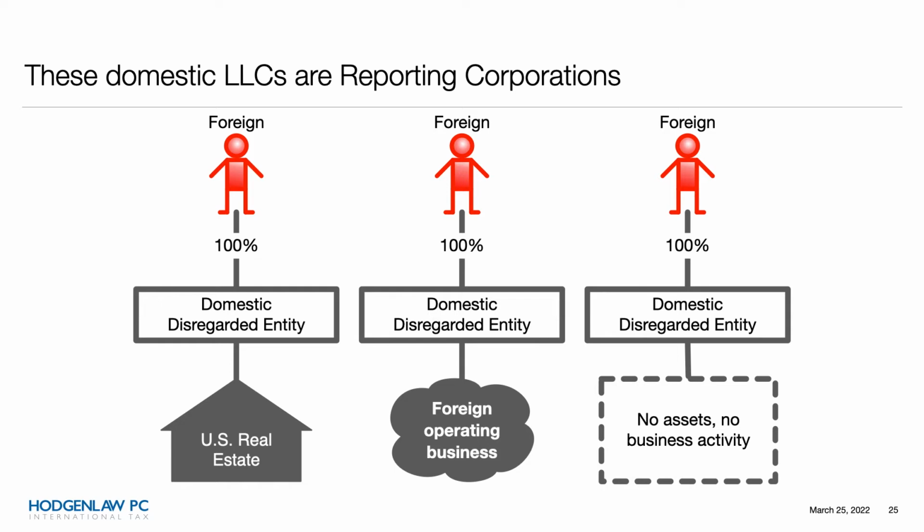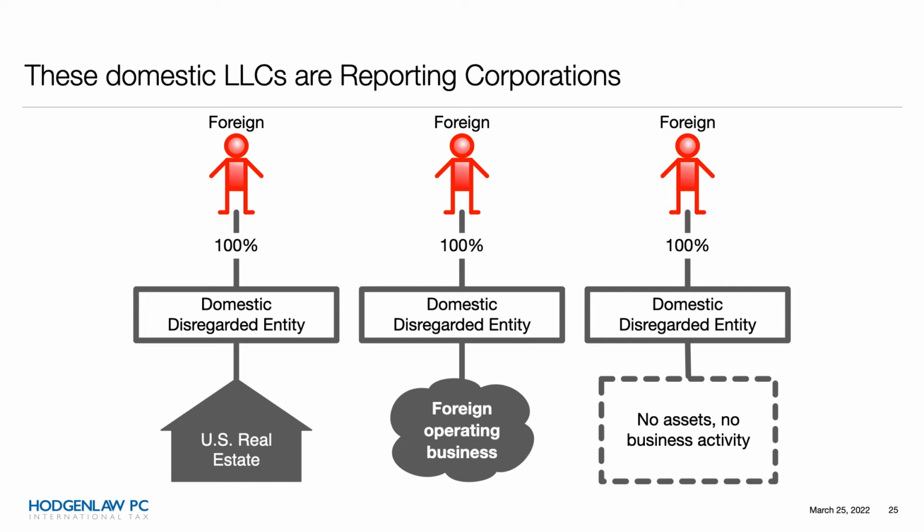For whatever reason, anytime you have an LLC and you have a foreign sole member. And this middle one, where you have a foreign person owning a domestic LLC, and they've got a bunch of foreign activity going on. This is the kind of tax shelter game that people were playing. You set up a Delaware LLC, nobody really knows who owns it, and you do all your business offshore, and you're a non-resident person.